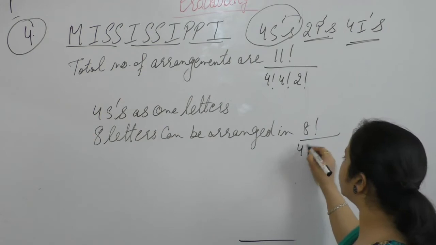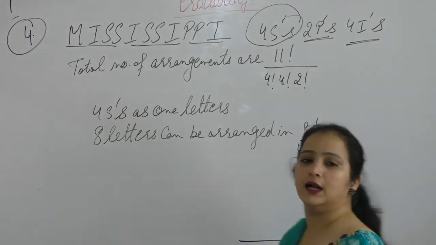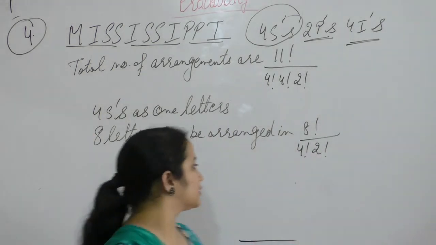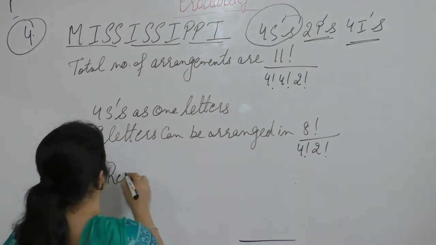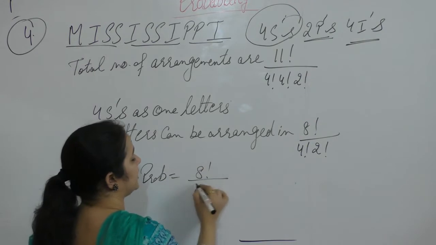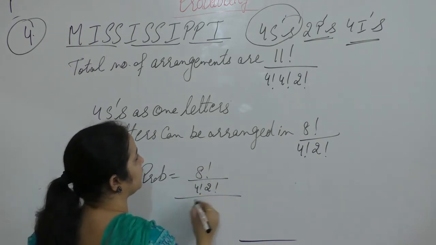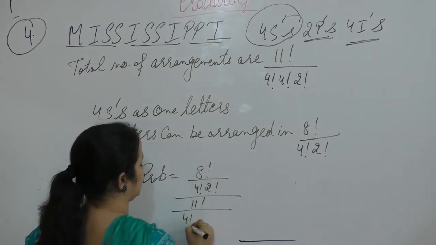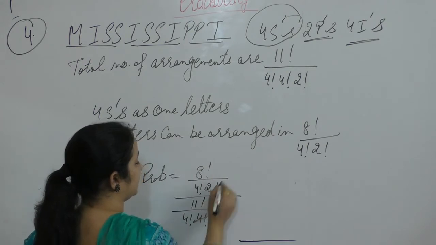So 8 factorial upon 4 factorial into 2 factorial. So the required probability is 8 factorial upon 4 factorial, 2 factorial, over 11 factorial upon 4, 4 and 2.